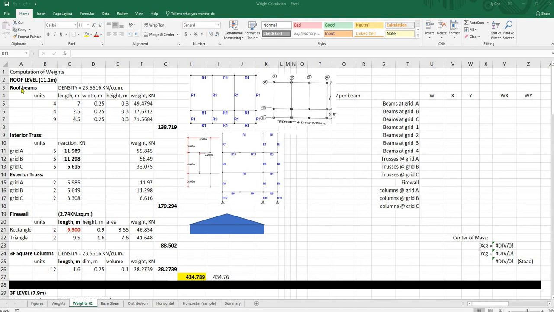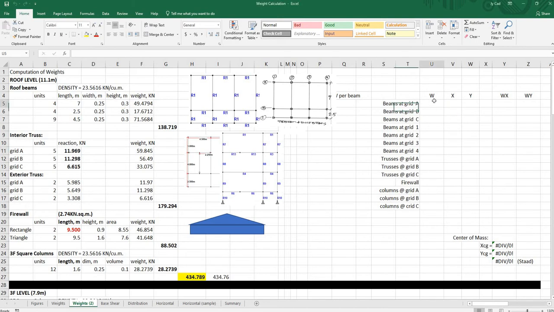Okay, so with regards to roof beams, mag-start tayo dito sa roof beams at grid A. So dapat alam natin yung weight. And beam at grid A, that is R1, which is 25 by 30 centimeters.